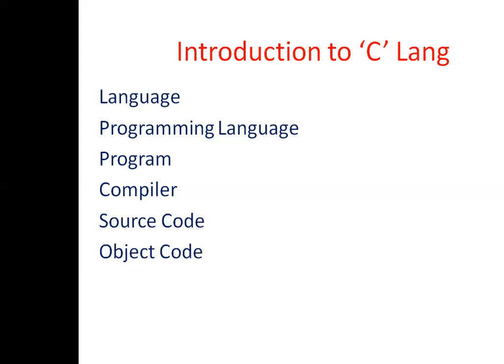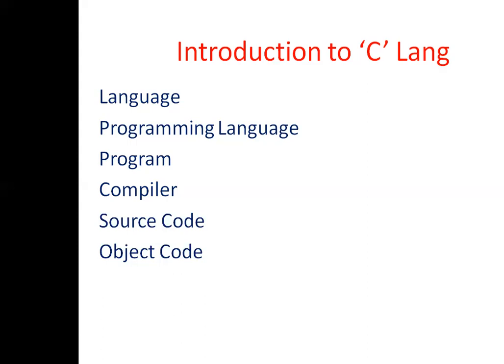So source code, object code is nothing but the program. So source code means what? Whatever the program we write, that program is called source code, the program written by the user, ourselves, the programmer. As I told, the program may be written in any language, that needs to be converted into machine level language or computer understandable language by a translator called compiler. After compiling, after translating, a system will generate a code.